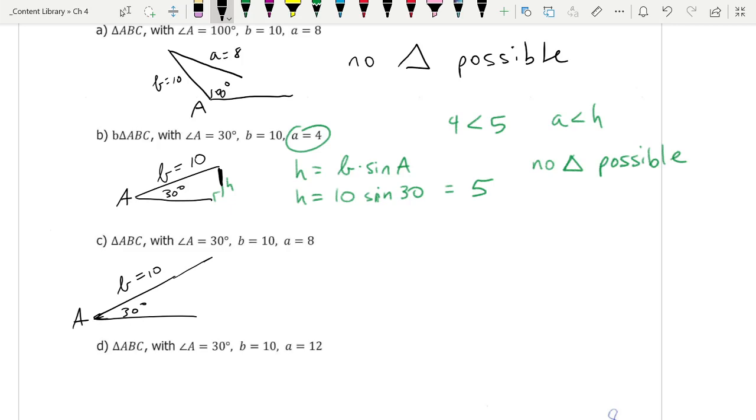The 8 could go, let me make this a little shorter, the 8 could go this way, or, I'm going to try to redraw this exactly the same. Yeah, I already made it too steep. Or the 8 could go this way.